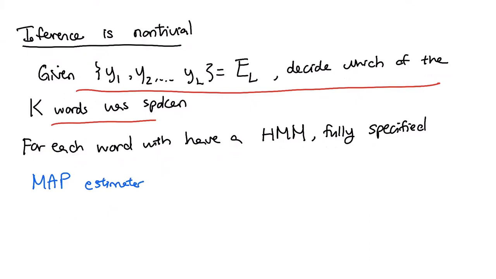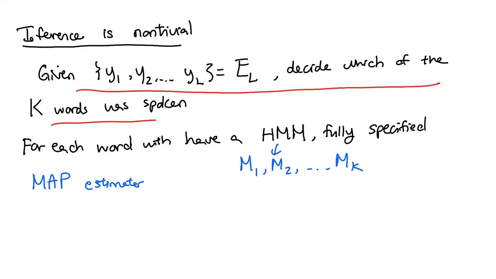Since I have K words, I also have K hidden Markov models, M1, M2, up to MK, right? Each Markov model comes with its own state transition matrix, state emission matrix, and initial probability distribution. So each model is not just one single number; it has a large number of parameters.